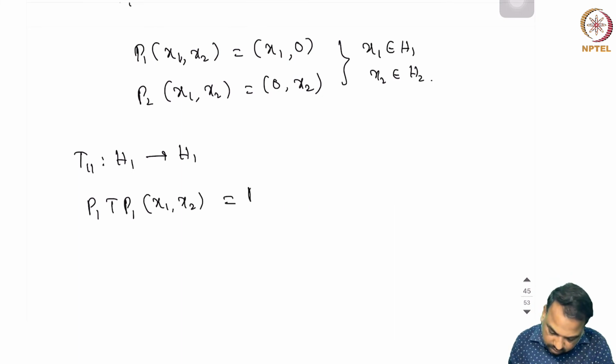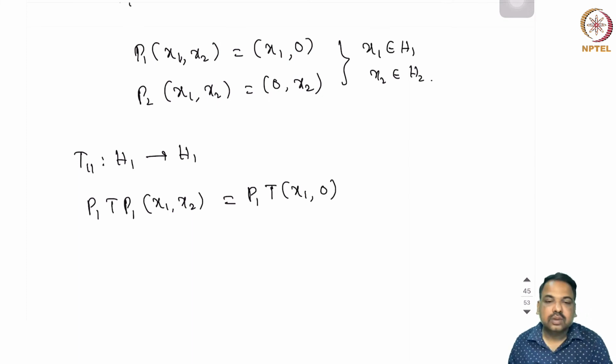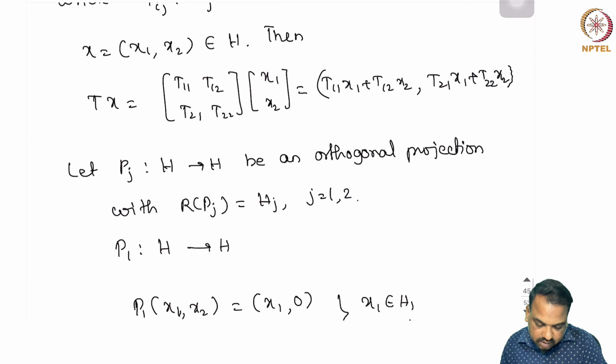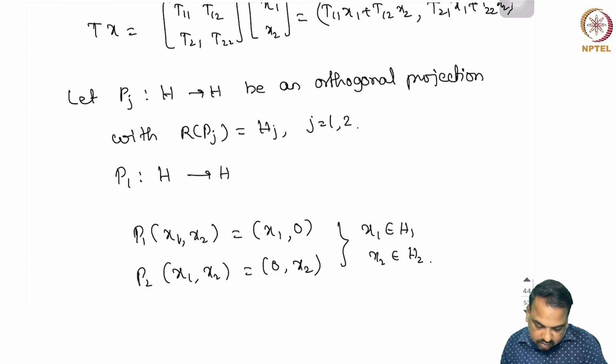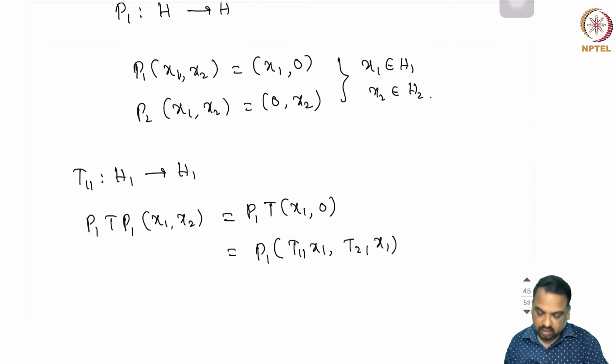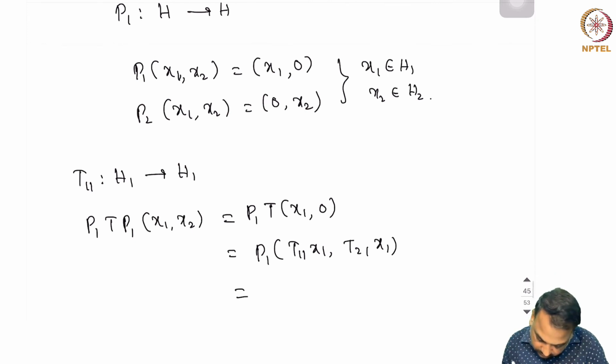This is P1 T applied to P1 of (X1, X2), which is (X1, 0). Now this is P1 of T of (X1, 0), that is P1 of (T11 X1, T21 X1). So this is (T11 X1, 0), and by definition you get T11 of X1.